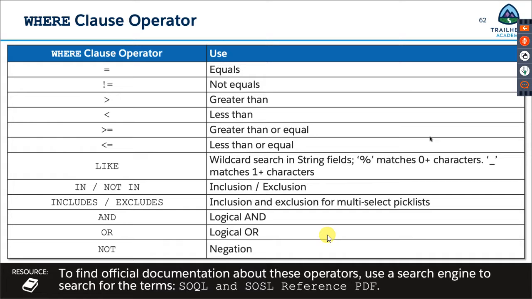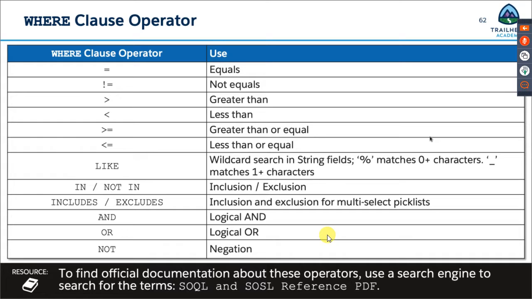The next operators are INCLUDES and EXCLUDES. They are for searching whether a value was one of the values selected in a multi-select picklist by the user when they were entering the record.